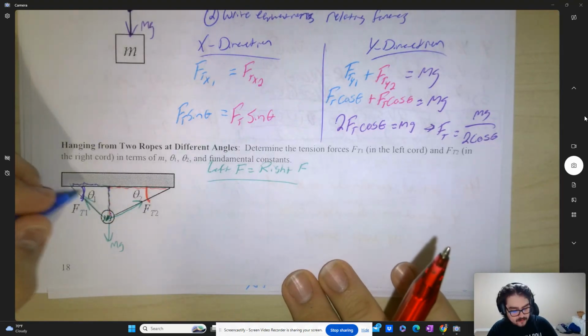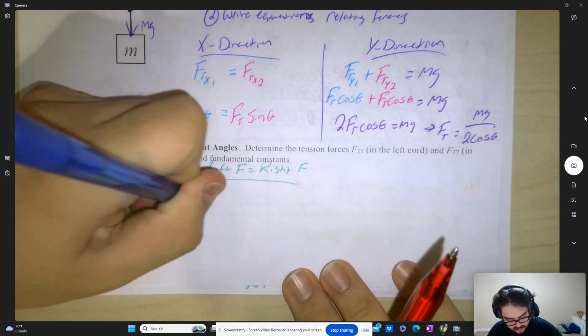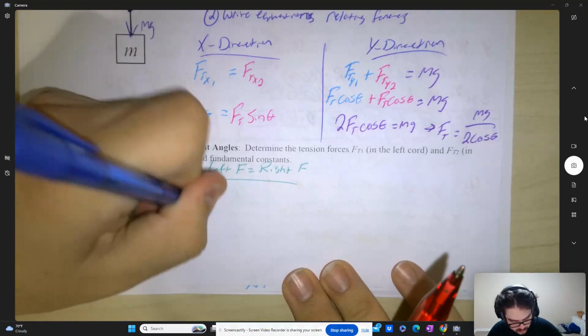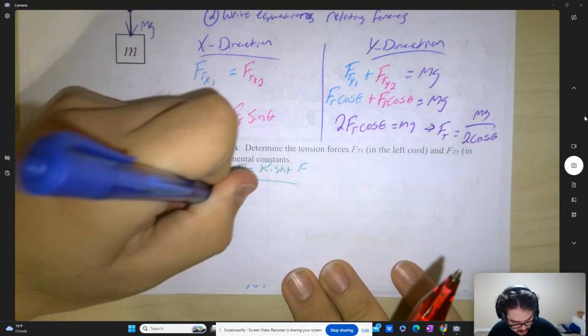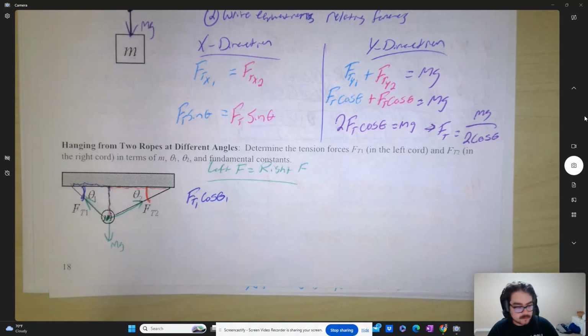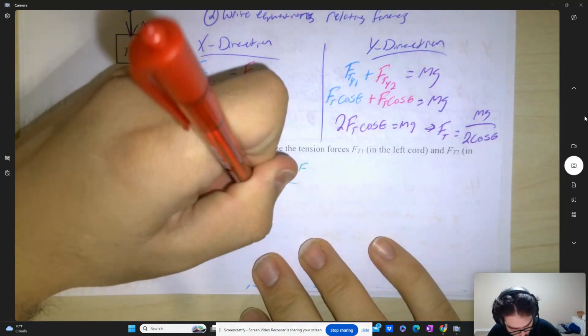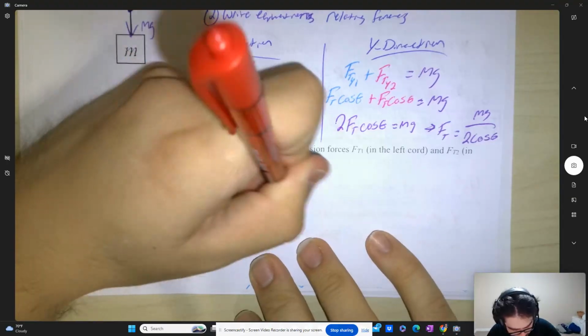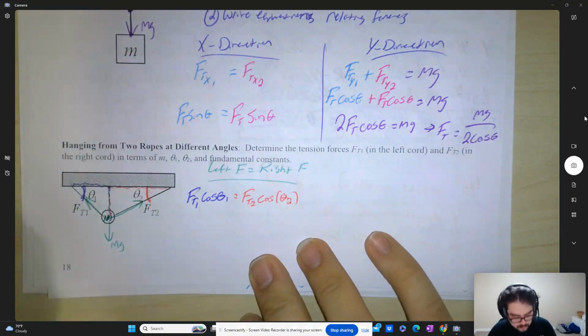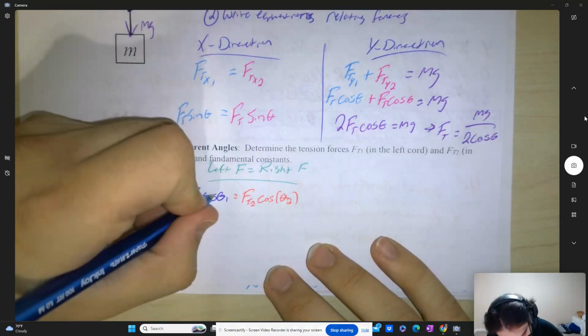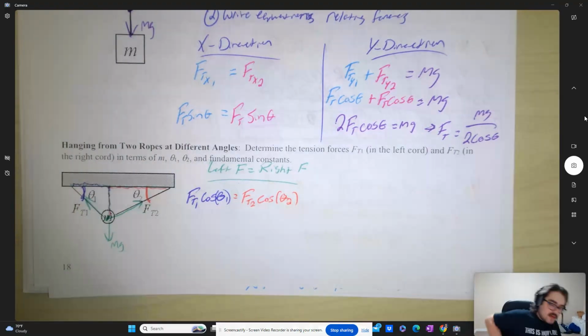So ft1 cosine theta 1 needs to be equal to ft2 cosine theta 2. Okay? So we should see that relationship there.